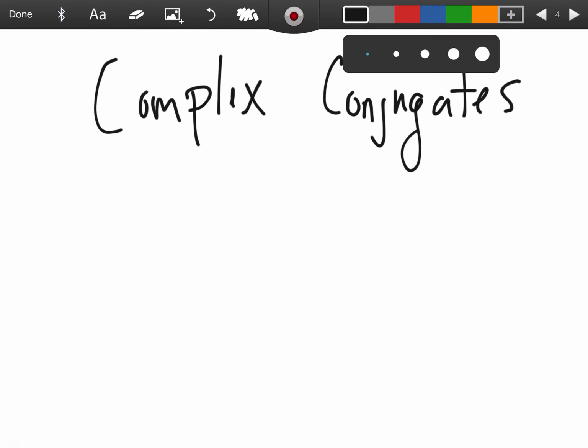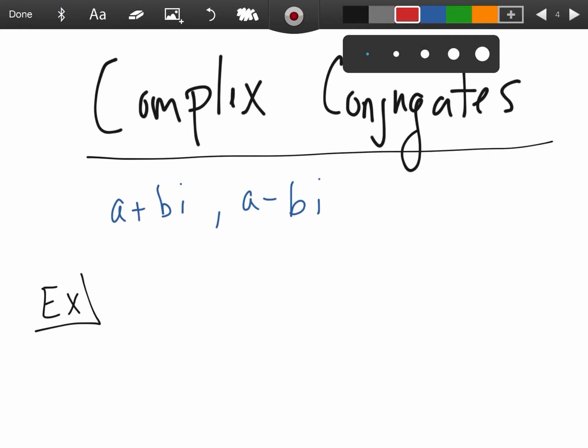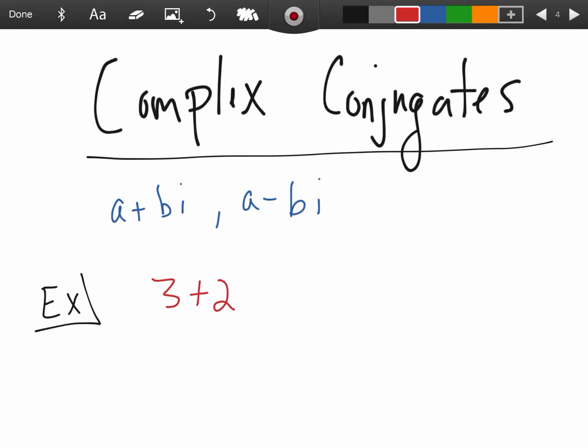And then we talk about complex conjugates. Well, I know if I have the complex number a plus bi, its complex conjugate is going to be a minus bi. So for example, let's find the complex conjugate of 3 plus 2i.